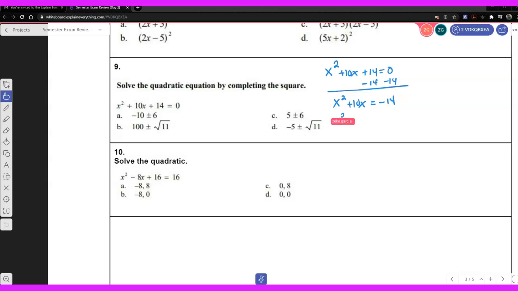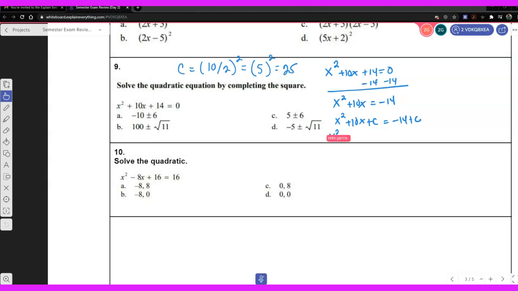So now we're going to have x squared plus 10x plus c is equal to negative 14 plus c. So we got to find c, which is 10 divided by 2 squared. 10 divided by 2 is 5 squared, which gives you 25.